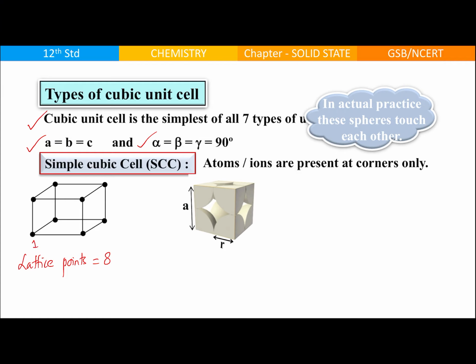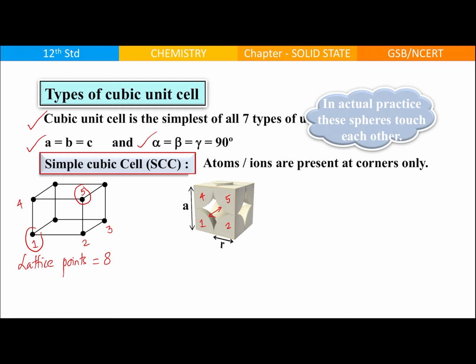So sphere number 1 touches sphere number 2, sphere number 2 touches sphere number 3, sphere number 1 touches sphere number 4, sphere number 2 touches sphere number 5. But you should remember, sphere number 1 and sphere number 5 don't touch each other because they are diagonally opposite. Looking at spheres 1, 2, 5 and 4, 1 and 5 don't touch each other, but 1 and 2 touch each other, and 2 and 5 touch each other.